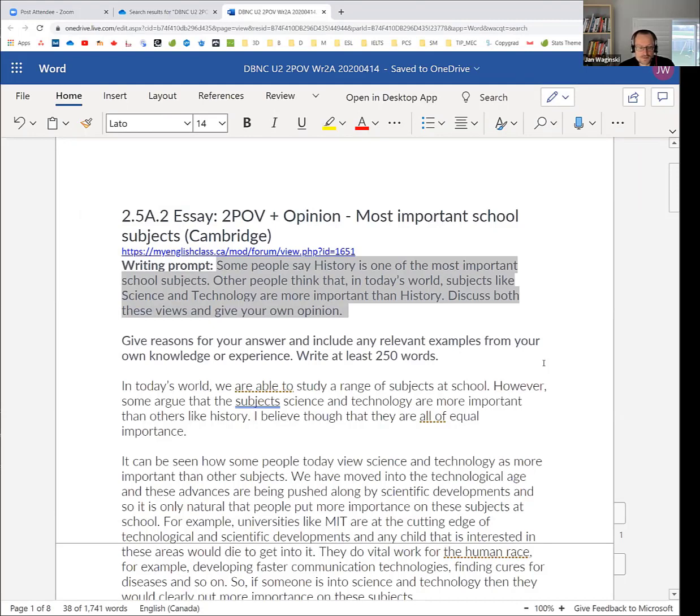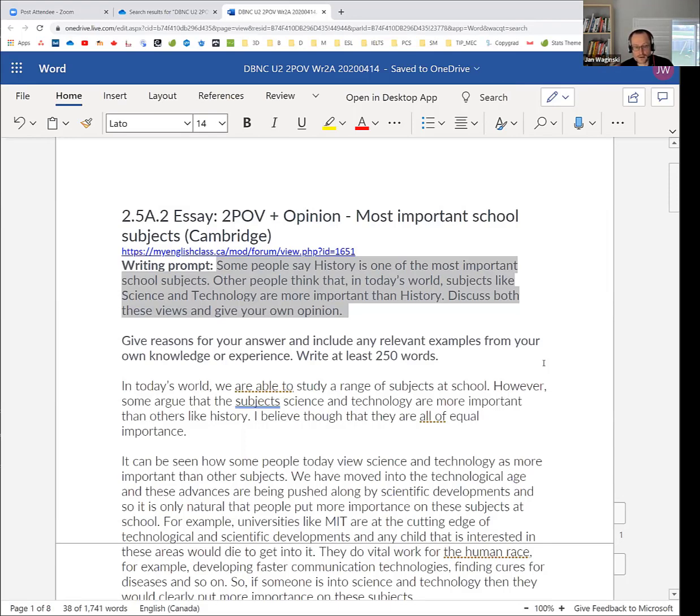So the best structure for doing this, and there's a couple ways to do it. So we've talked about 5-paragraph essays, and we've talked about 4-paragraph essays. In a 5-paragraph essay, you would give your introduction, which is just paraphrasing the prompt, followed by your thesis statement.